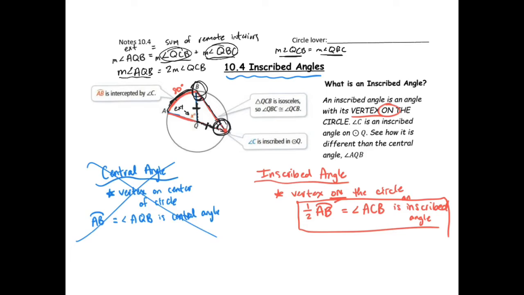So I can substitute and replace that with arc AB. And lastly, I can divide by 2, the division property. My final result says half of arc AB is equal to the measure of angle QCB. So that's how we can prove that the inscribed angle is equal to half of the arc.